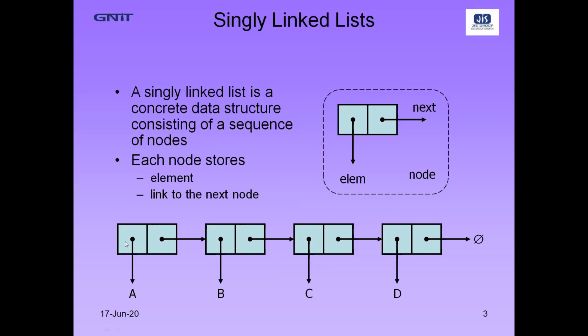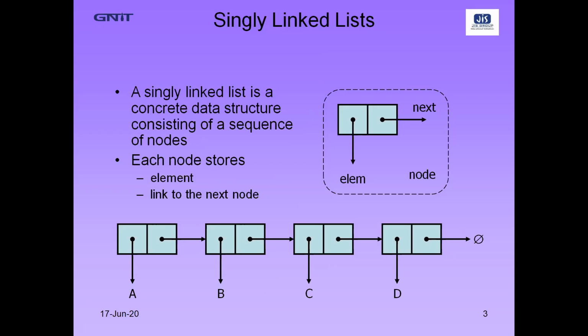For example, in this slide, the data elements are A, B, C, and D. These are called nodes, where the linearity is maintained by means of pointers, and these are the pointers. Each points to the next node in this way. As this is the last node, here we assign a null pointer.